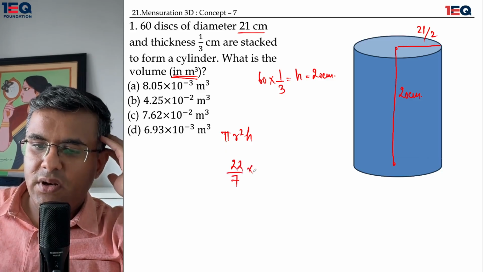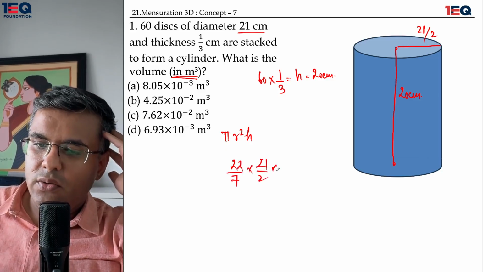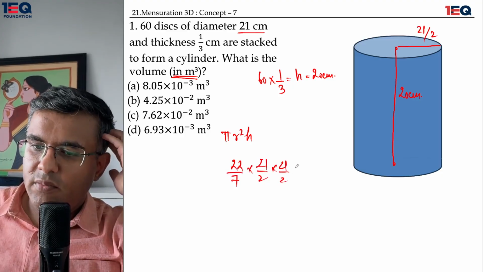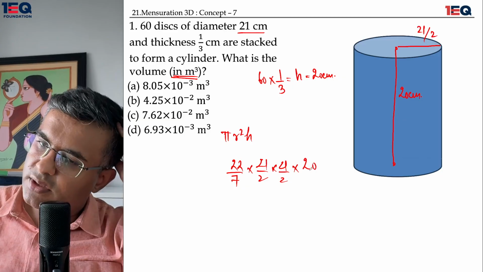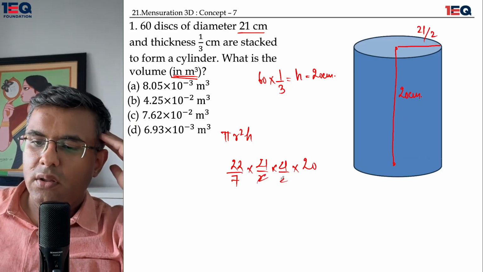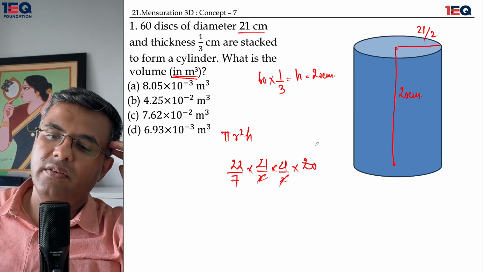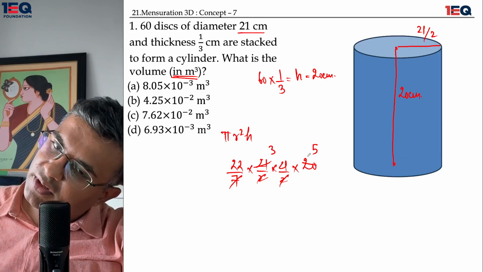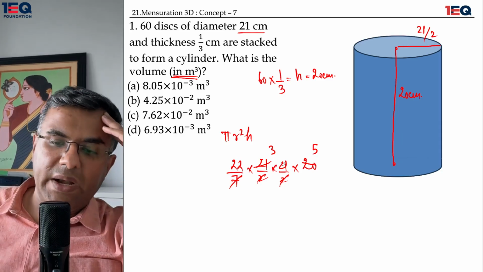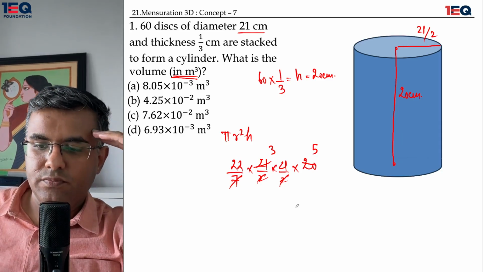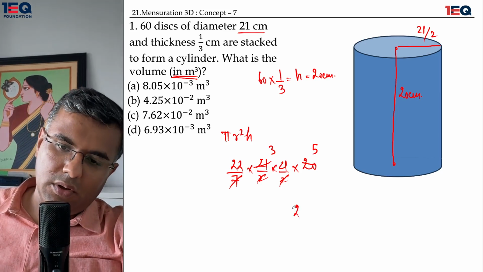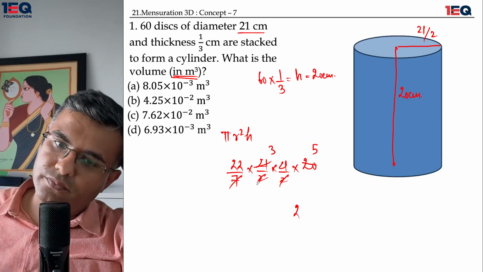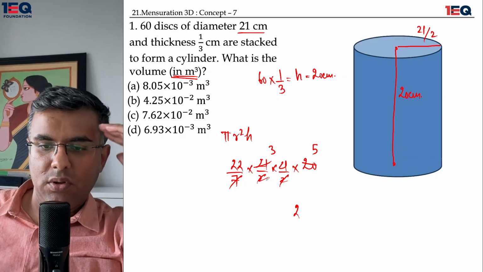22 by 7, 21 by 2 into 21 by 2 into h is 20. This is 4 and this becomes 5. This becomes 3. 21 into 22 becomes 42 and another 42.